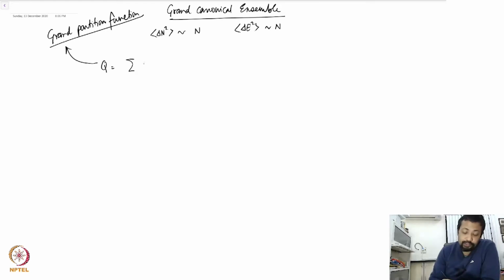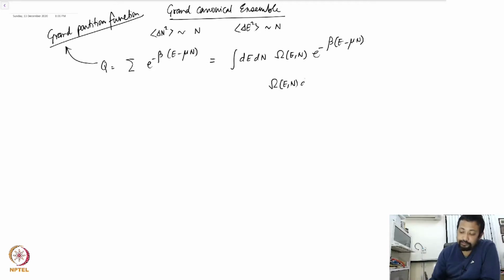So this quantity is sum over all states e to the power minus beta e minus mu n, which is integral dE dn omega e comma n e to the power minus beta e minus mu n, where omega e comma n dE dn is the number of microstates between E and E plus dE, n and n plus dn.